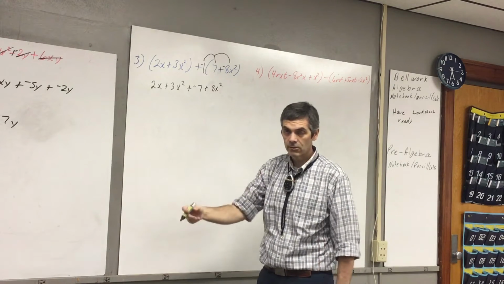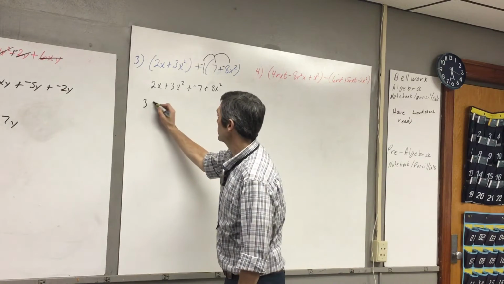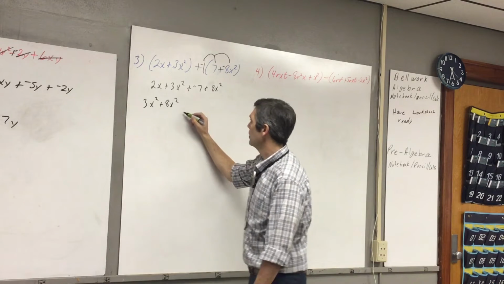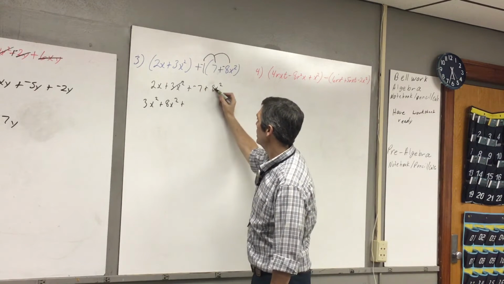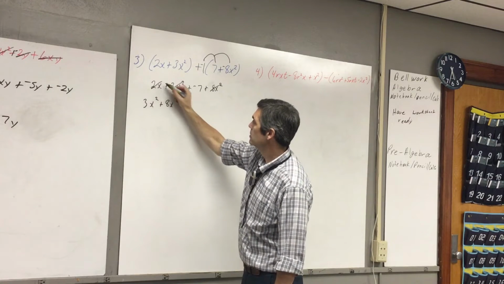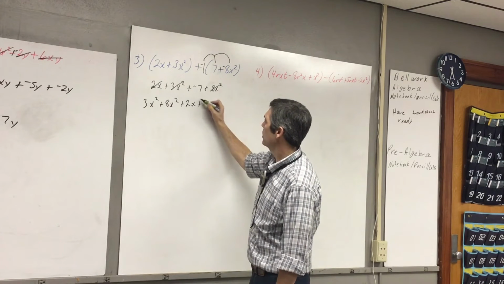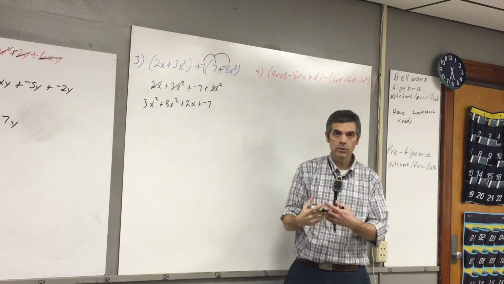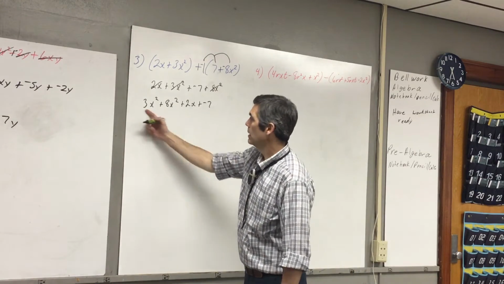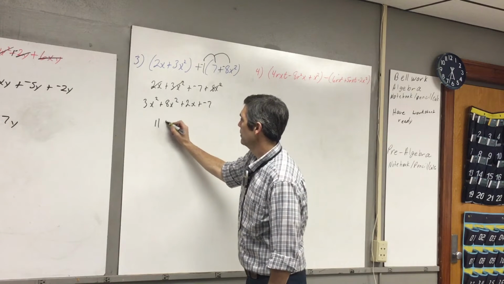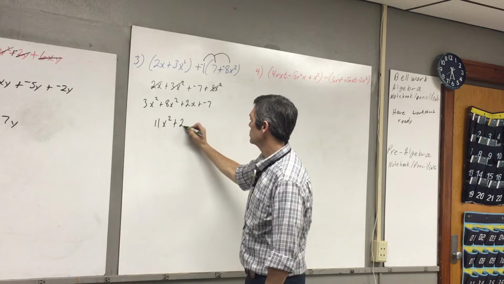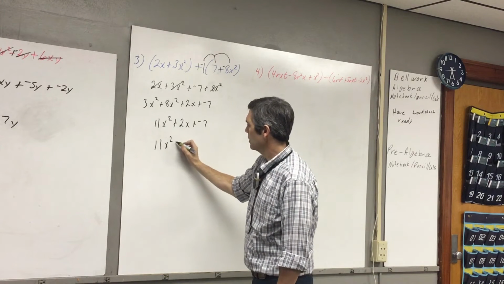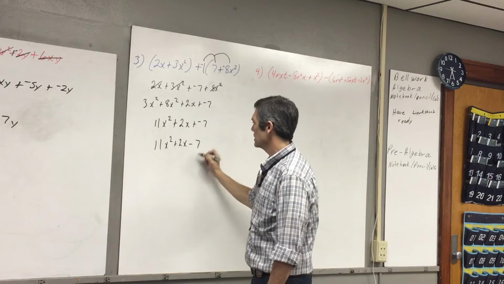The largest degree to the front. So our largest degree is 3x² plus 8x² plus, so that's that, 2x here plus negative 7. Now you're going to combine your like terms. 8, 3, 11x² plus 2x plus negative 7, or 11x² plus 2x minus 7.